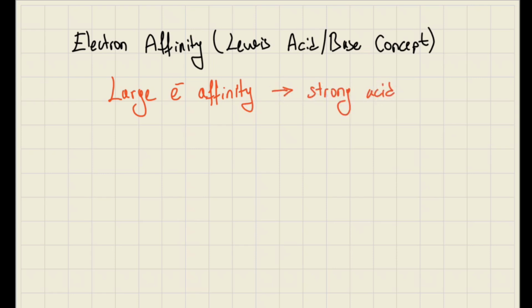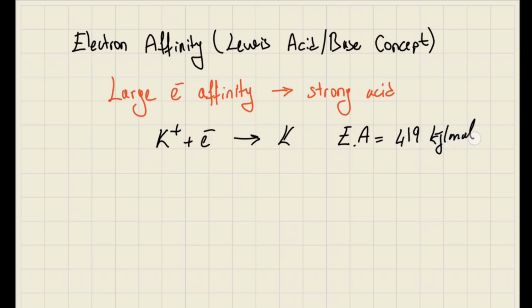And we can look at some Lewis acids. For instance, potassium takes an electron, it becomes potassium, and the electron affinity value is 419 kilojoule per mole. We can look at calcium 2 plus.